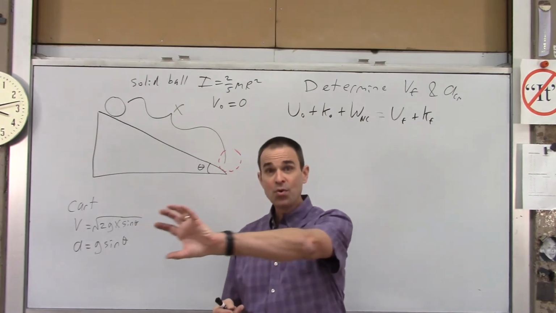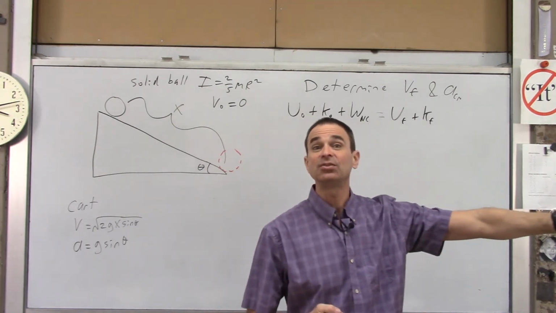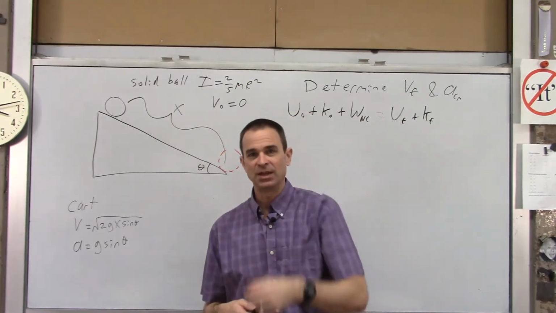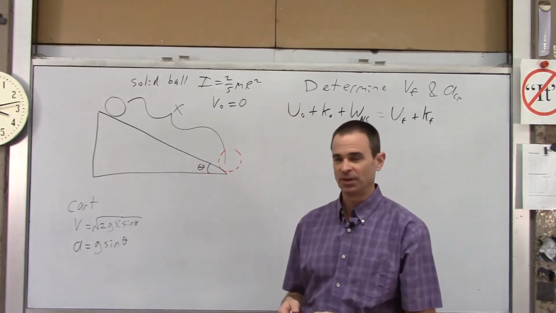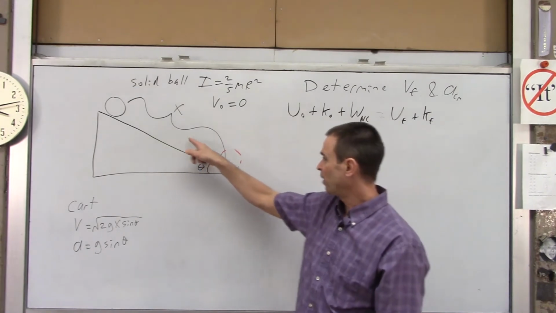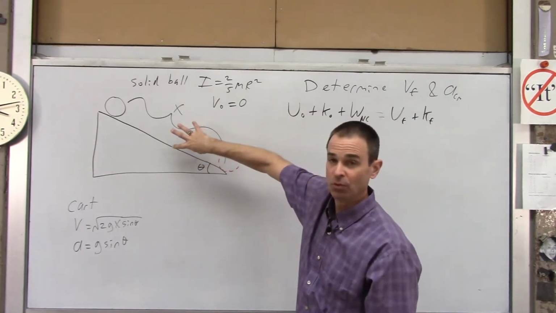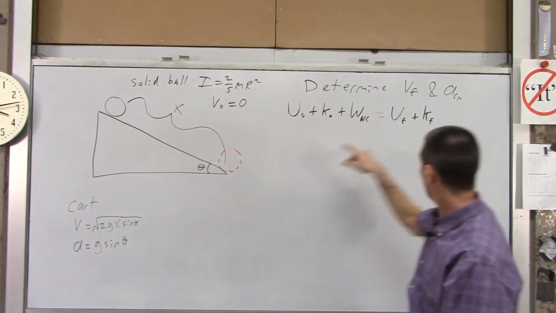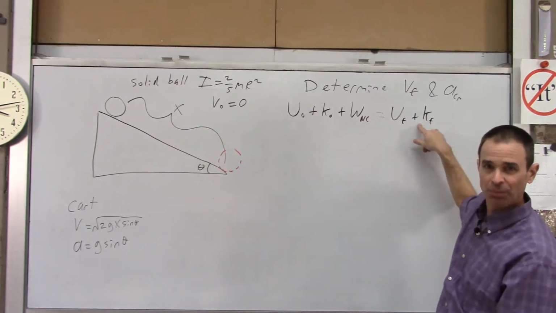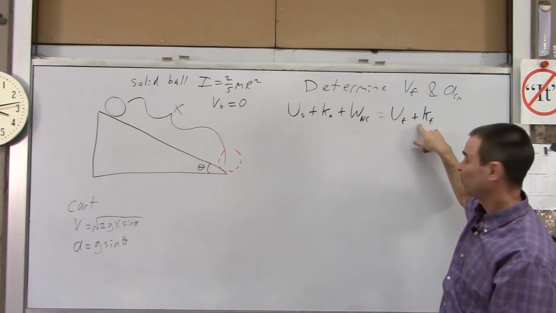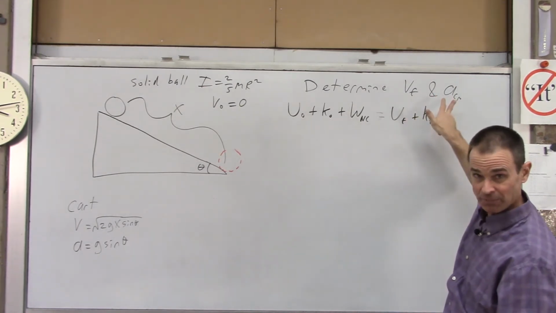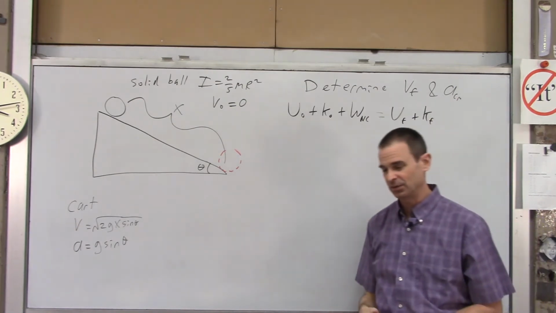If the ball is moving, it's got translational kinetic energy, and if it's spinning, it's got rotational kinetic energy. Hopefully you'll see that as the ball is going down the hill, it's doing both. It's moving translationally and it's spinning. So on the final side, there are actually going to be 2 terms: one for the translational motion, the center of mass moving, and one for the spinning, that's the rotational kinetic energy.